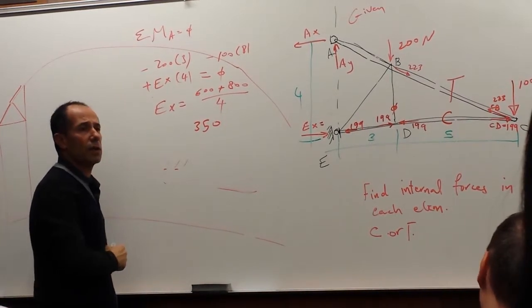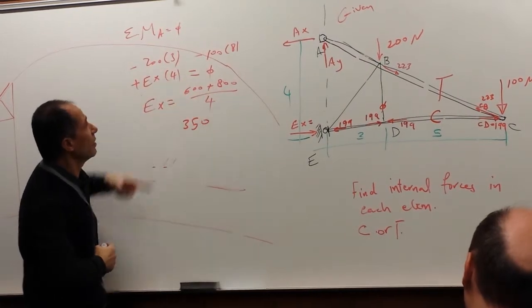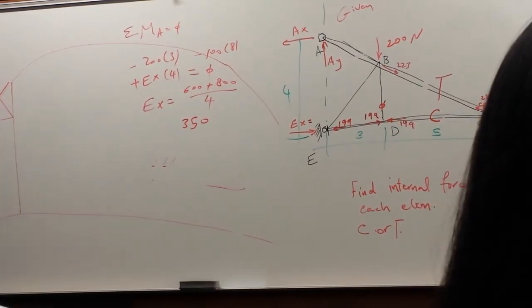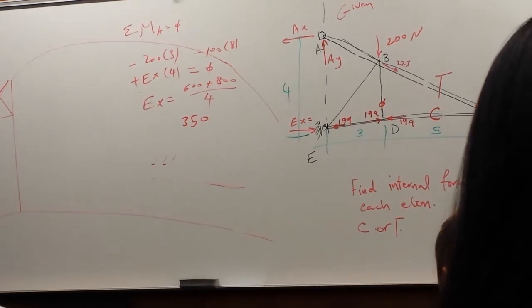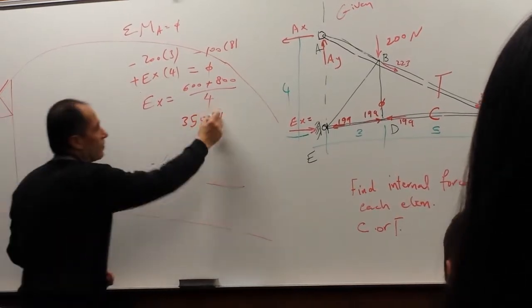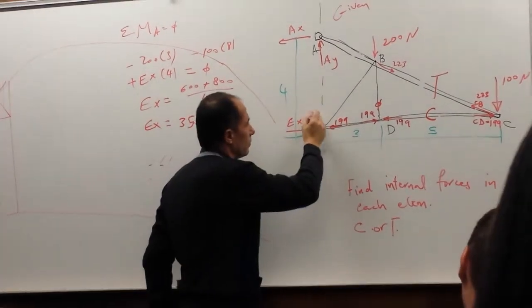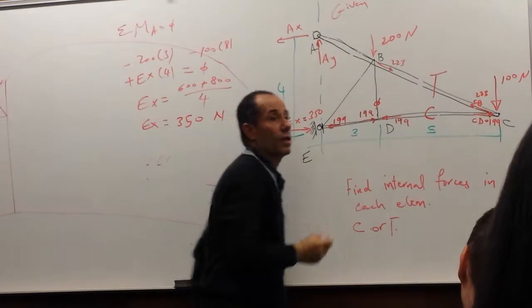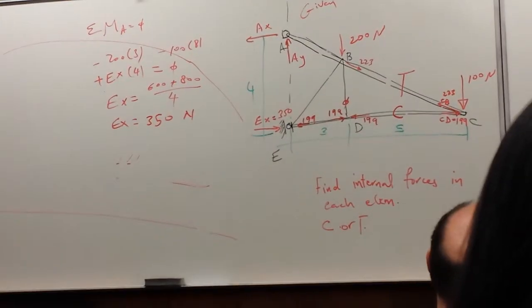Put it in your calculator, guys. 600 and 800 over 4 is 1400. Half of that is 700, half of that is 350. Yeah, because when you sum the forces on X, I have another element here. If there was no element here, then yes. Okay, let's move on.